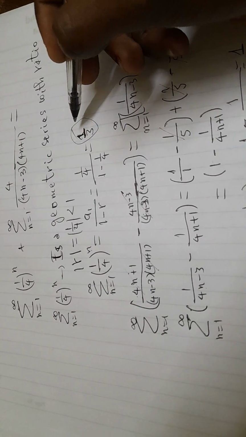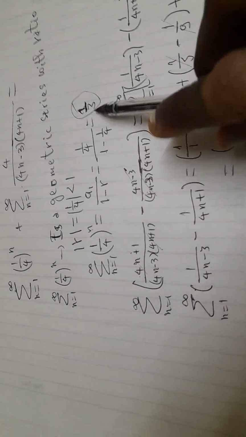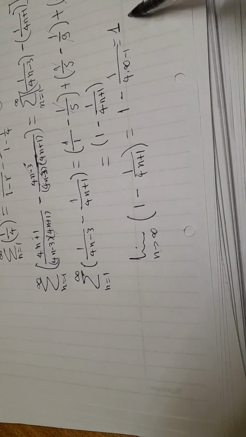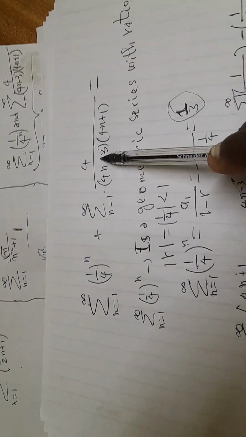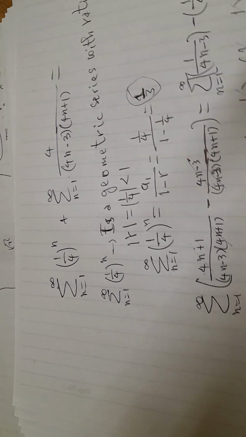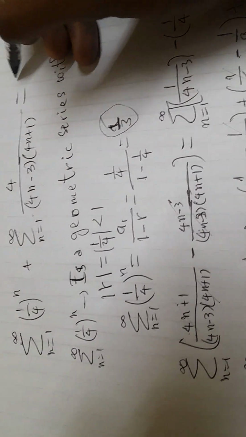Now that we know the result of this partial sum, we know that the sum of this guy will be 1. And if I sum all the expression here, it will be equal to 1/3. So here I just substitute.